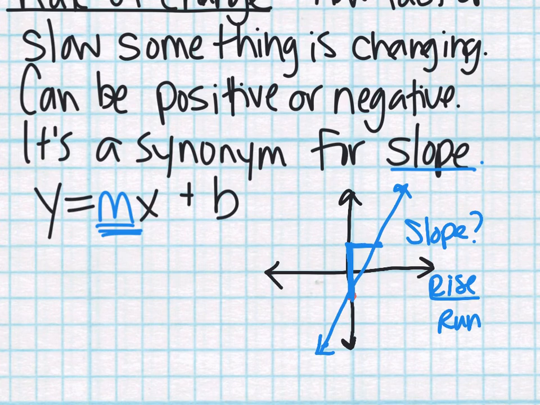It's rising 2 and running 1. So my slope is 2, or my rate of change is 2 over 1. I like to talk about rate of change as a ratio, which is the same thing as a fraction. So I would say for every 2 it goes up, it goes right 1.